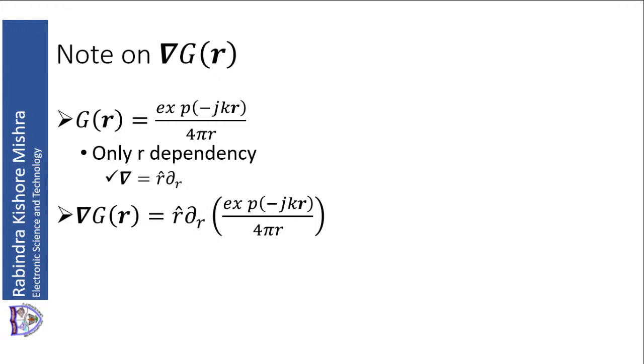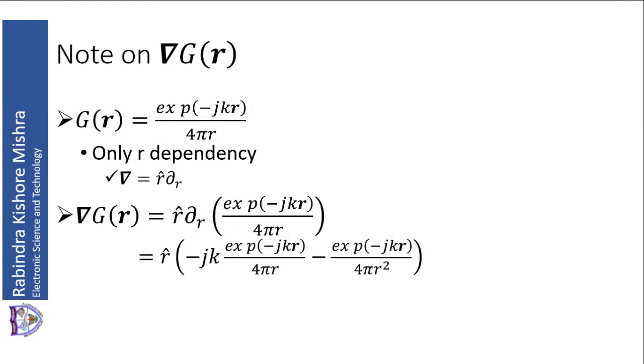This function can be easily differentiated. R cap remains as it is. Operating on the numerator gives minus jk exponential minus jkr by 4 pi r. Operating on the denominator gives minus exponential minus jkr by 4 pi r square.